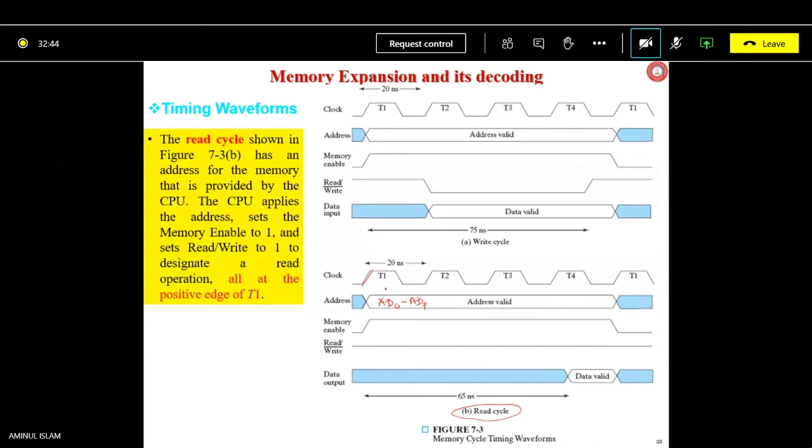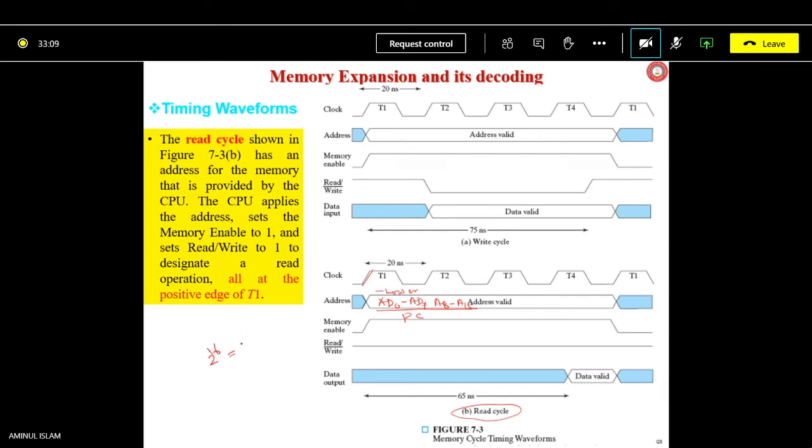The lower byte of the 16-bit address will go there. Remember that the upper byte will be A8 to A15. Your PC, the program counter, is 16-bit.